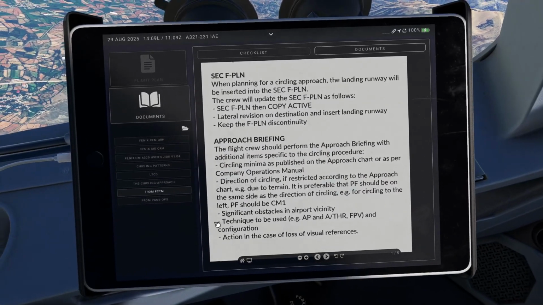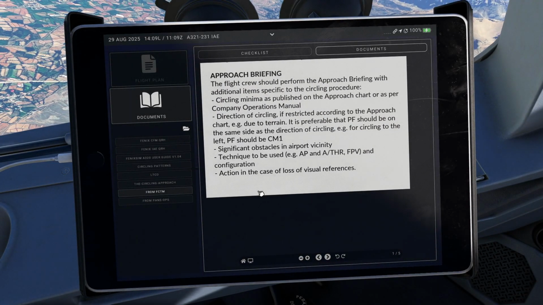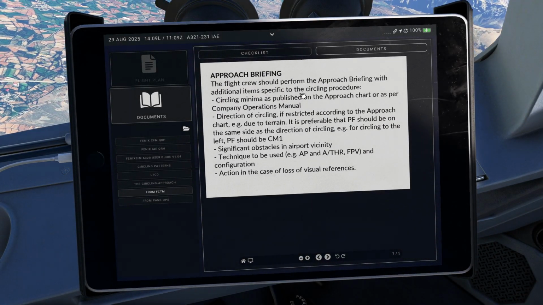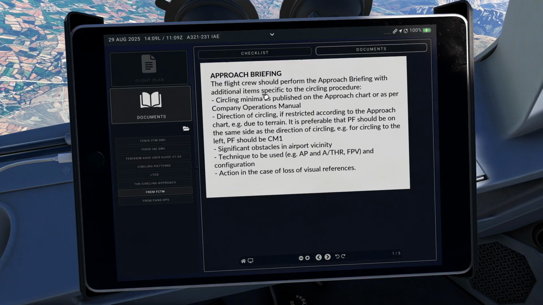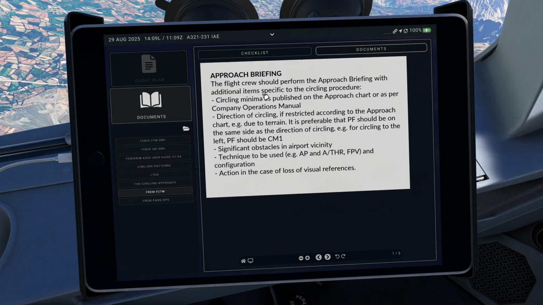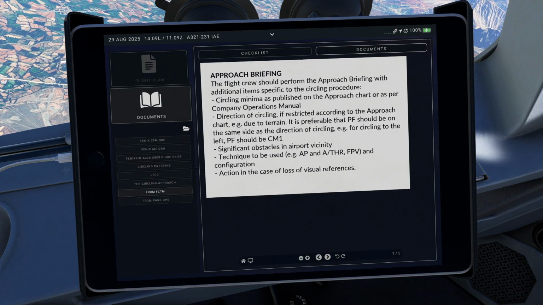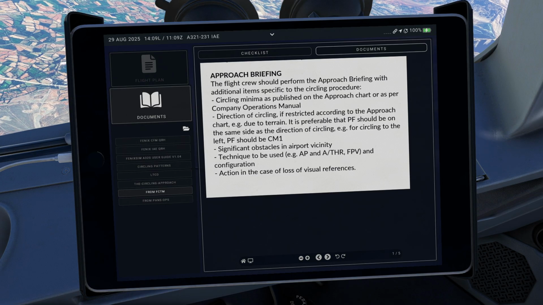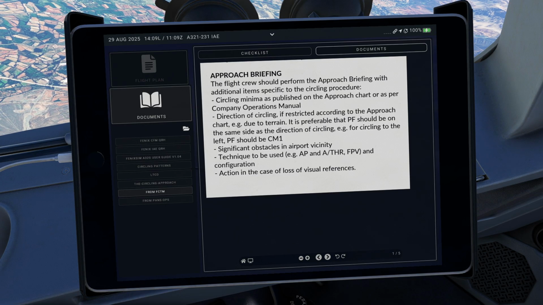Okay, for the next item, for approach briefing, the flight crew should perform the approach briefing with the additional item specific to the circling procedure. Circling minima as published on the approach chart or as per company operation manual.